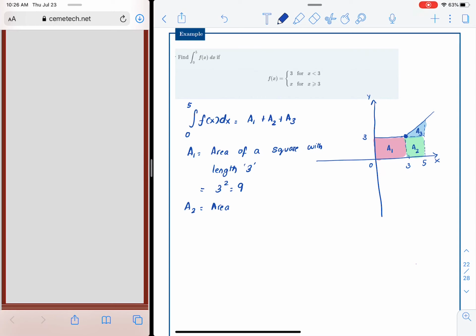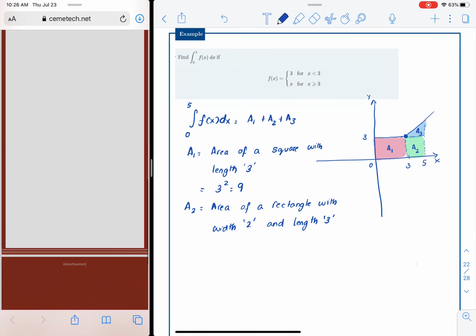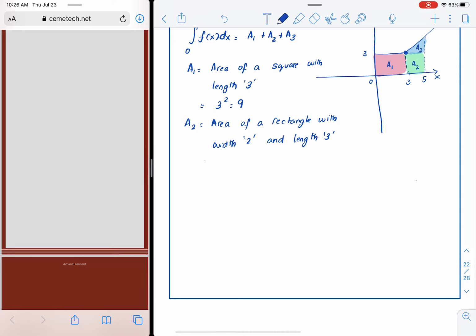It is the area of a rectangle with width 2 and length 3. So we simply have 2 times 3, we get 6.